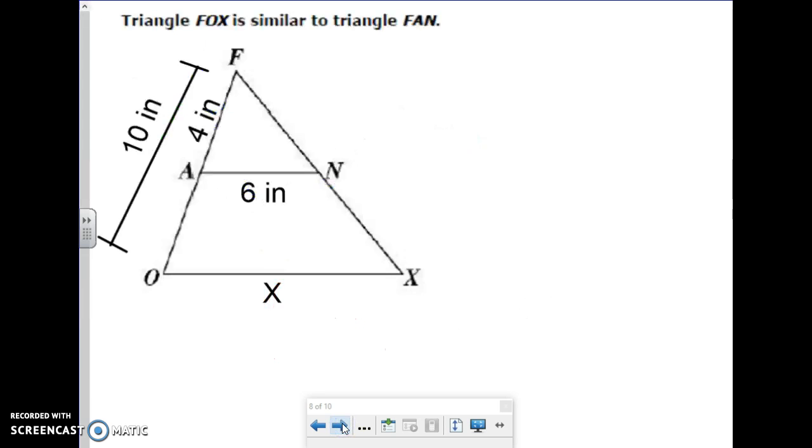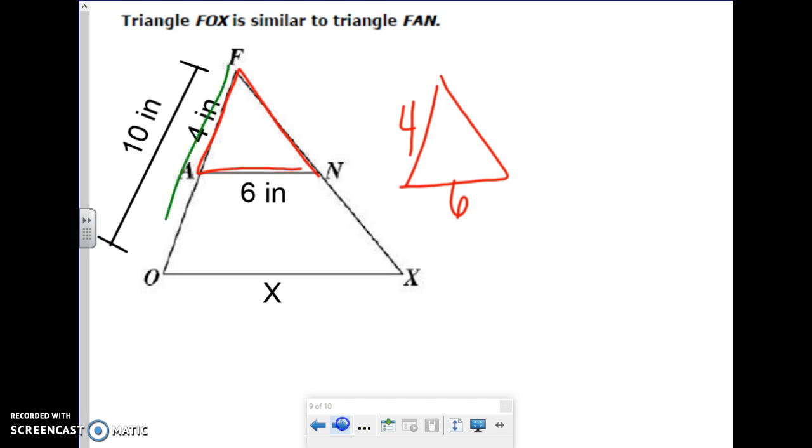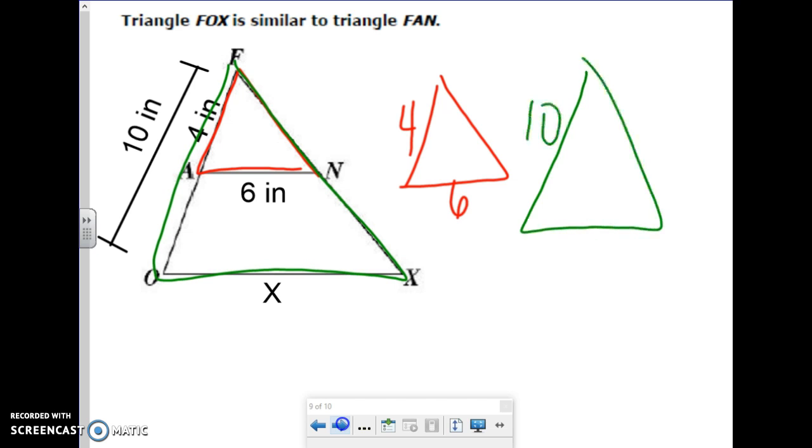Our third practice problem. This is just like question number 2. The easiest thing to do is separate your triangles. So my first triangle is FAN, and I have 4 and 6. My second triangle is FOX, and that is going to be 10 to x.